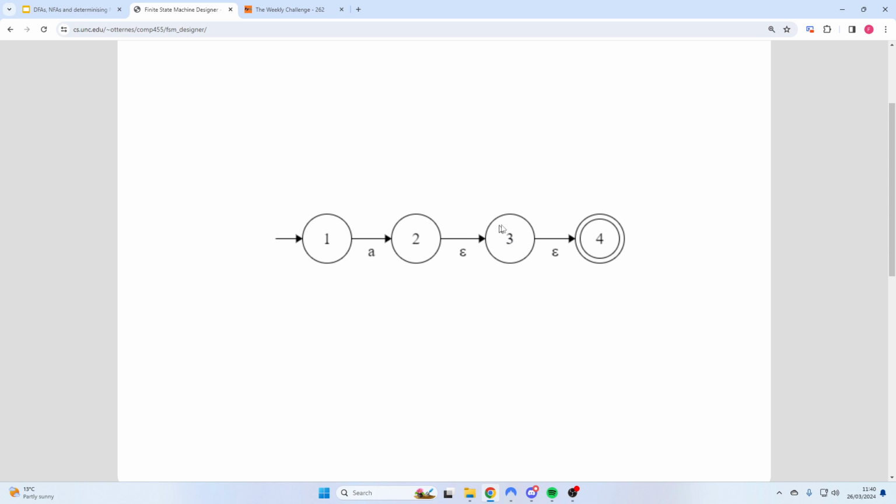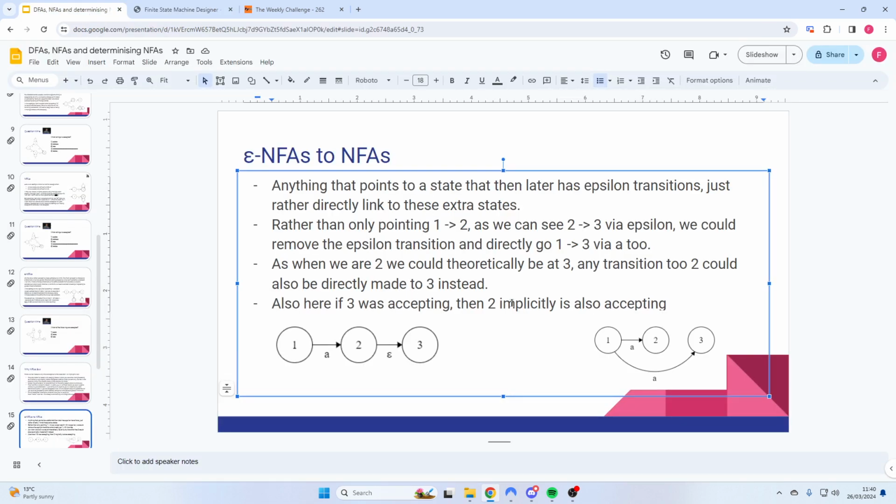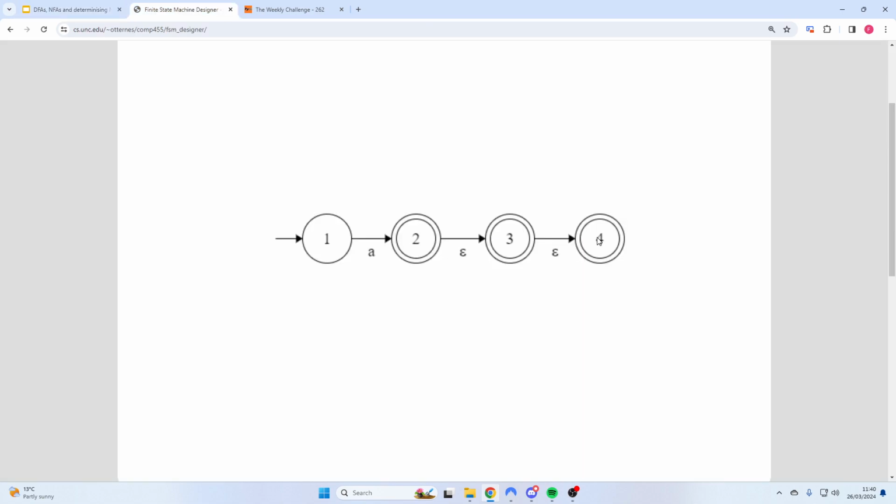So anything at 2, we need to consider being at 3. If we're at 3, we could also be at 4. So if we're at 2, we could be at 3 or 4. So if 4 is accepting, 2 and 3 might as well also be accepting. And I wrote it here. 2 is implicitly accepting these ones. And then we remove these the same.